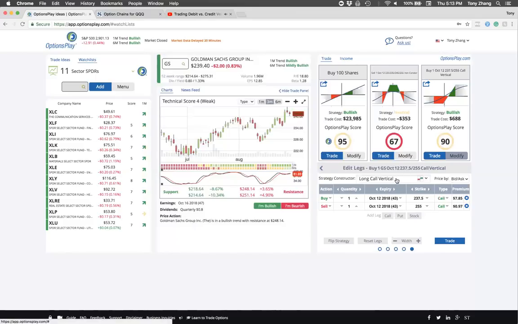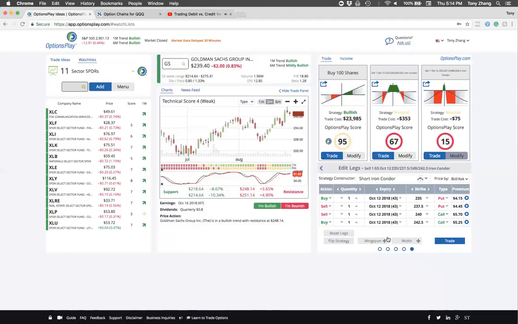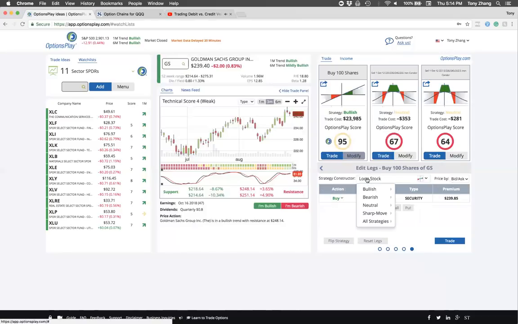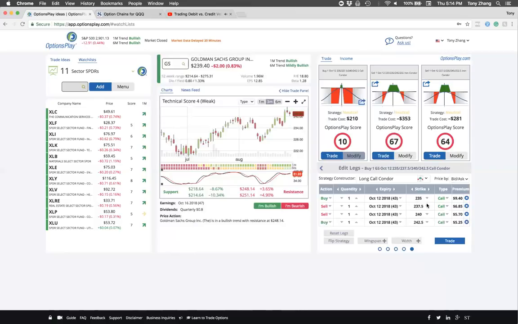You can set up all different types of condors. You can set up multiple iron condors and look at different expiration dates, different wings, and different widths. Or you can even compare a call condor to a put condor. So there's lots of different ways that you can utilize our tool. A lot of people like to compare put versus call condors, or one iron condor to another iron condor.